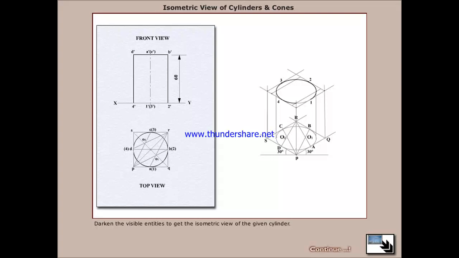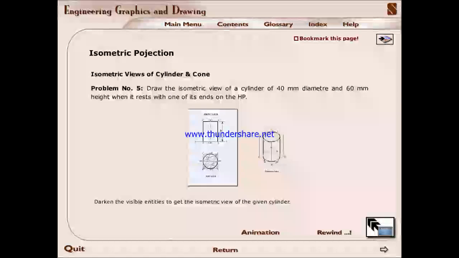Now darken the visible entities to get the isometric view of the given cylinder. In this way, you may draw the isometric view of a cylinder.